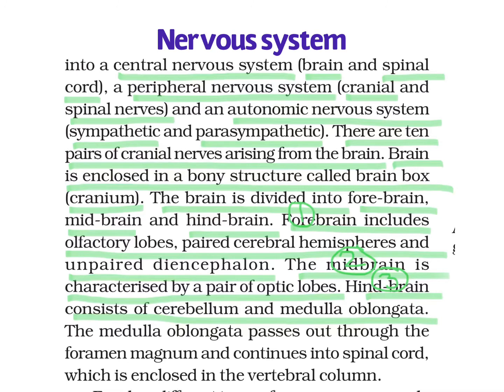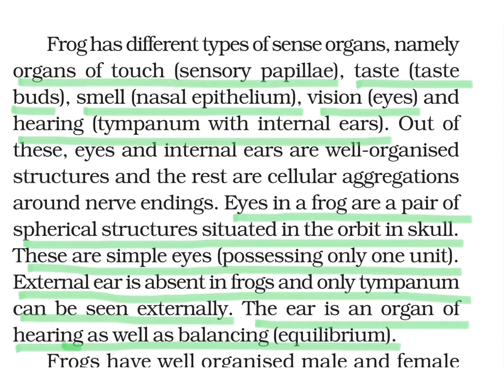Now let us discuss the different types of sense organs. Frog has different types of sense organs. They are organs for touch, that is sensory papillae, organs for taste, known as taste buds, and for smell, present in the nasal epithelium, the epithelial layer found in the nasal cavity.